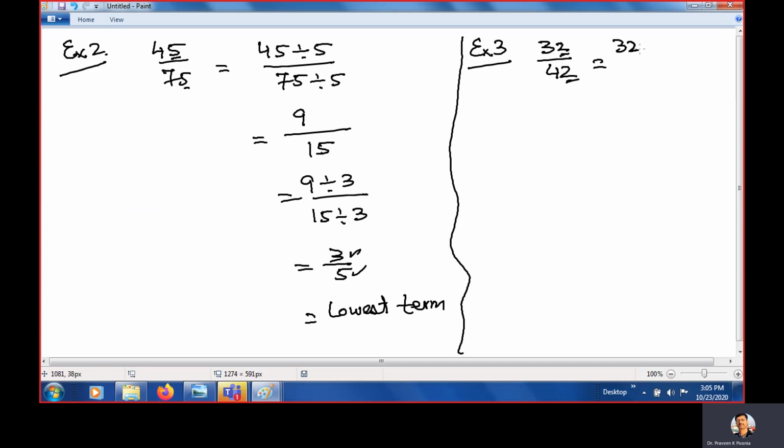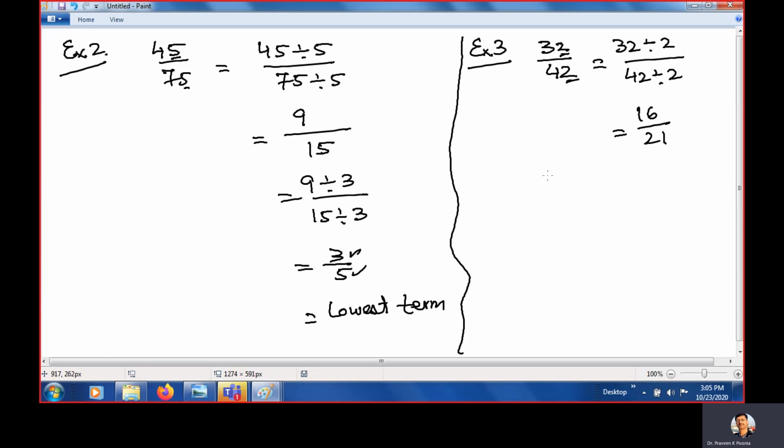So we will check divisibility by 2. Divide 32 by 2, it is 16. If you divide 42 by 2, it is 21. Clear? So 21 and 16.